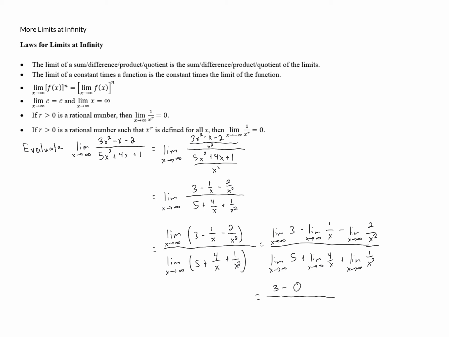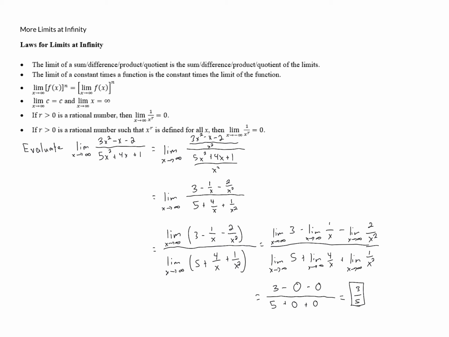And similarly, this limit is also going to be 0. You could pull the 2 out front if you need, but the limit of 1 over x squared as x approaches infinity is 0. So we've got 3 minus 0 on the top. And then on the bottom, with similar logic, we're going to have 5 plus 0 plus 0. And then this becomes 3/5.